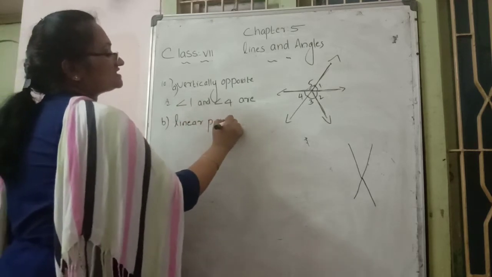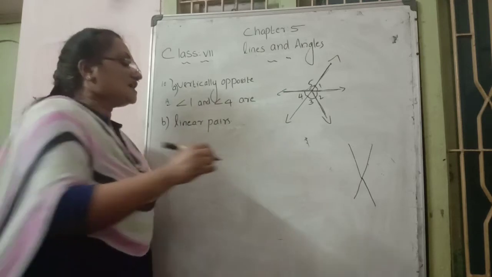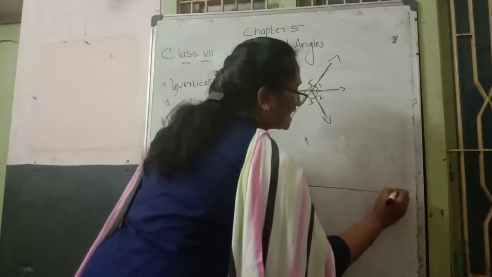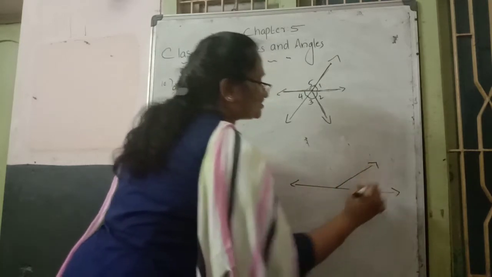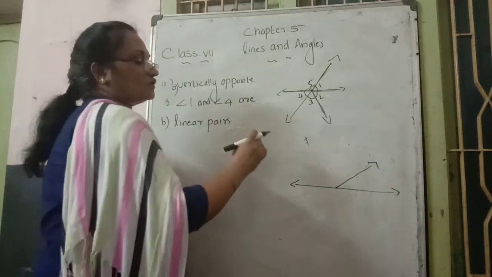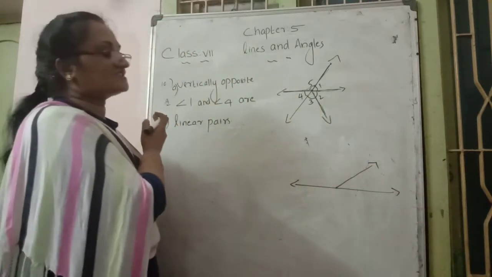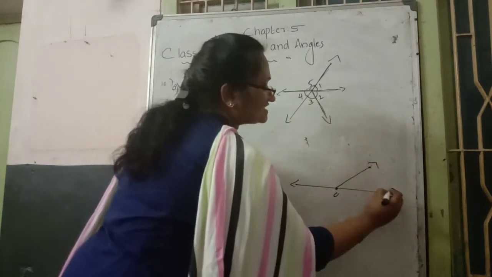Linear pair means, as we learned last class, how to identify: the angles have two non-common arms that are in the opposite direction. Opposite direction means one is on the left and the other is on the right side, and there is one common arm, as in this example.